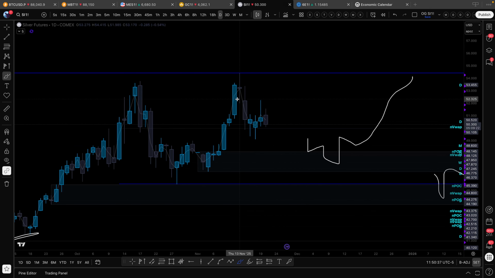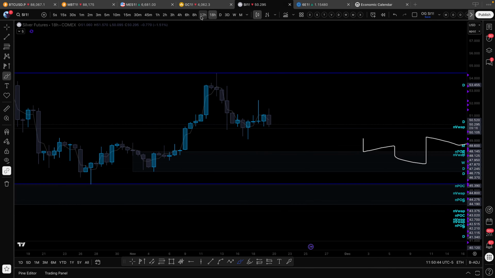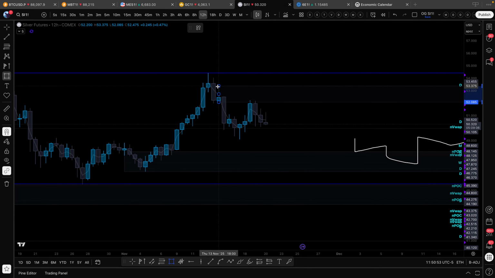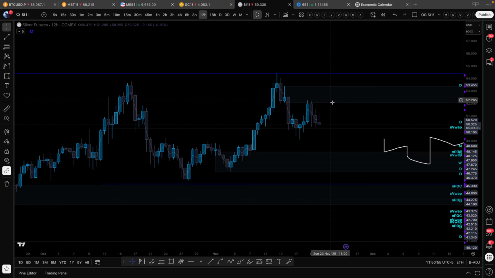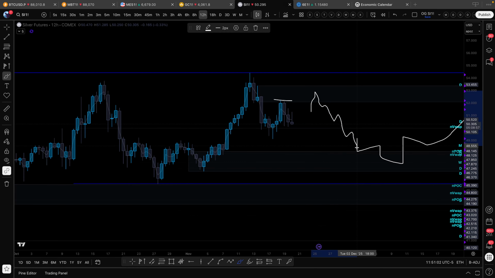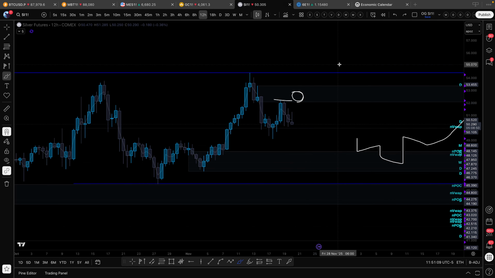Now, this gap has already kind of gotten mitigated with that high there. Let's go down a couple more time frames. Yeah, this is that order block that we are already mitigating. However, we could come back up, take this liquidity, and then continue down to this area. So this could also be a nice swing trade down.